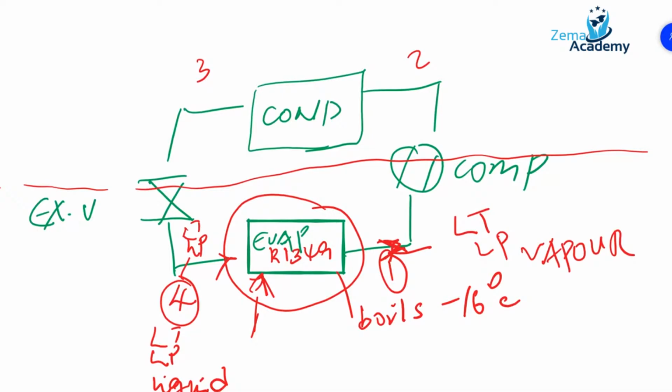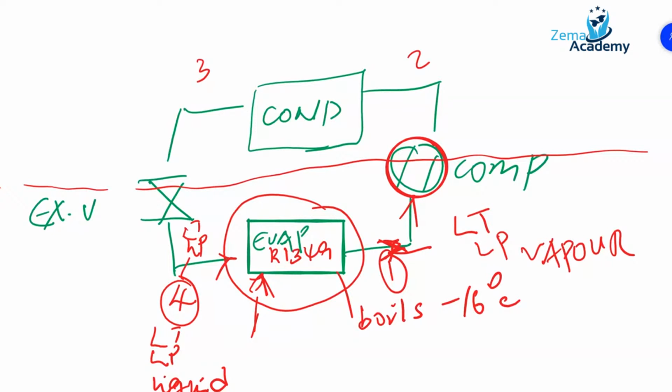And then we feed it into the compressor. The primary function of any compressor: at point 1, we have vapor, but that vapor is at very, very low temperature and low pressure.